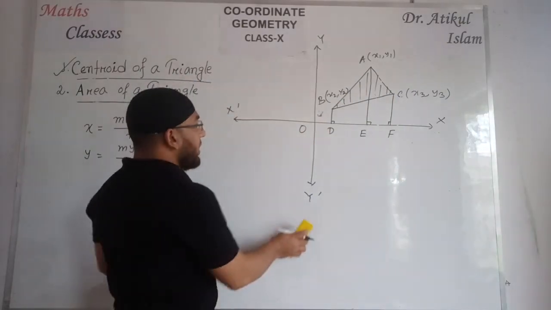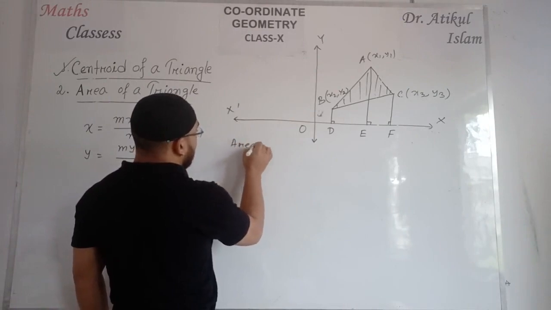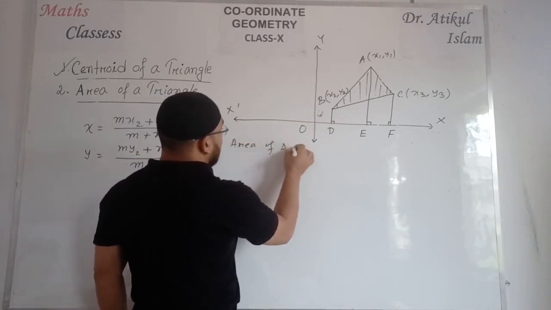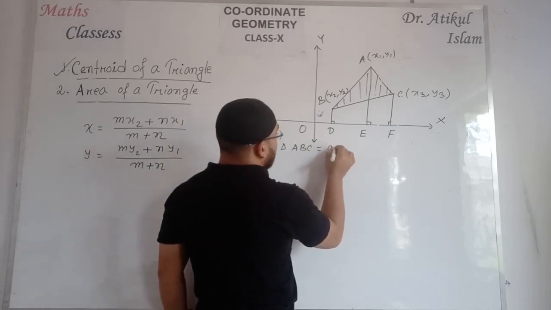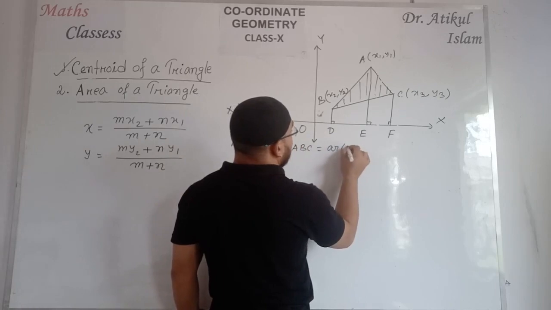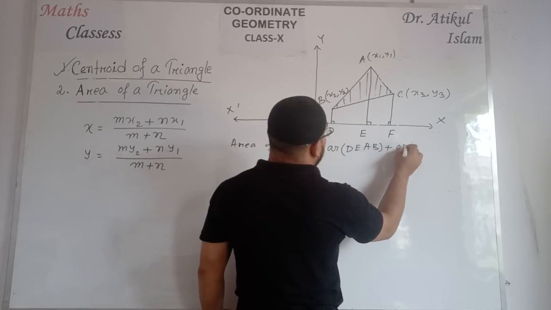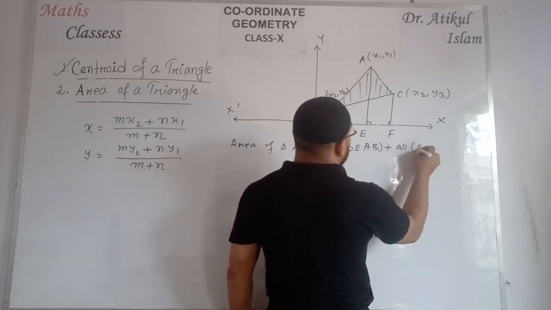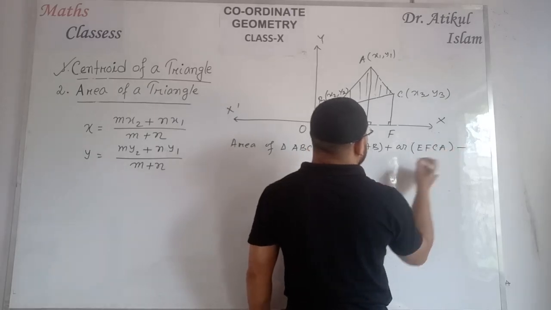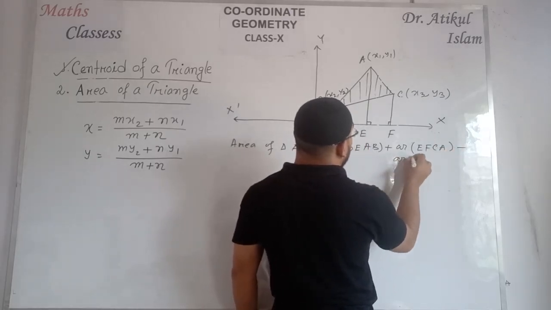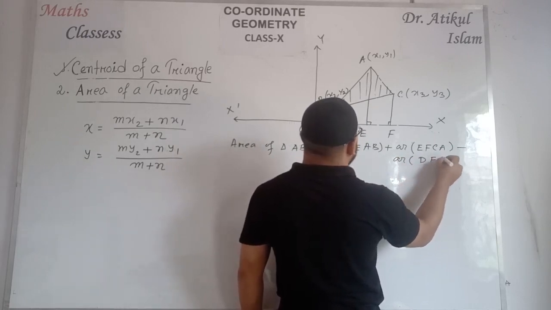Now to find the area, the area of triangle ABC equals, we can write, area of the region DEAB plus area of the region EFCA minus area of the region DFCB.